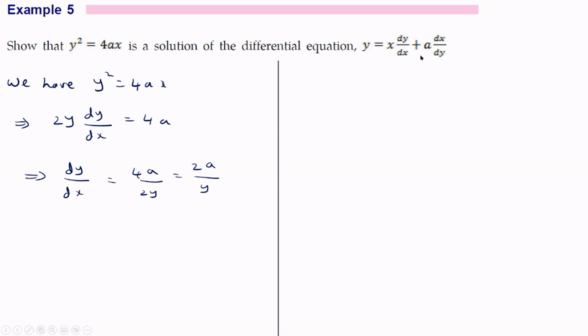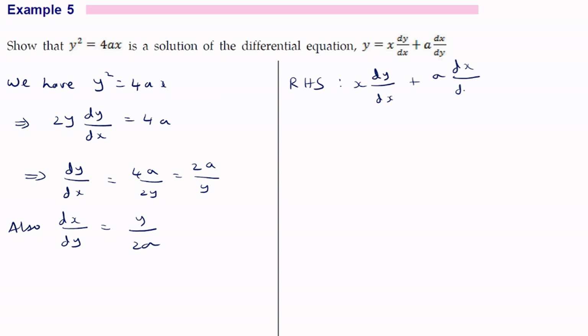So here in the differential equation we have dx by dy. If we differentiate the given solution with respect to y, we will get y by 2a. Now let us consider the right hand side of the differential equation. X dy by dx plus a dx by dy.